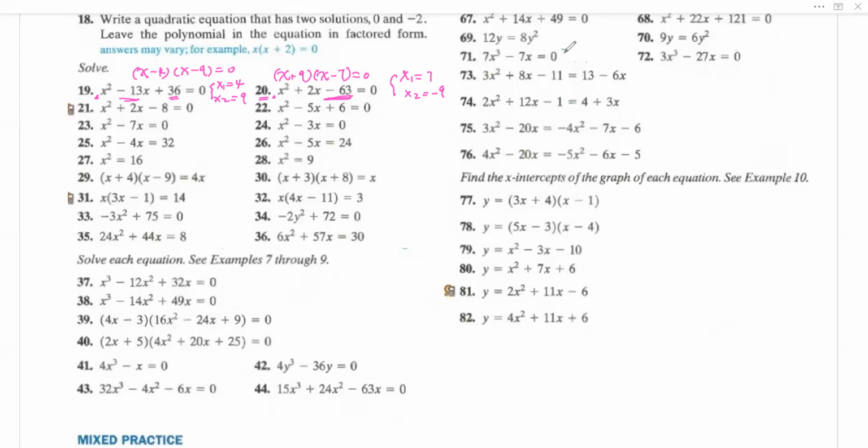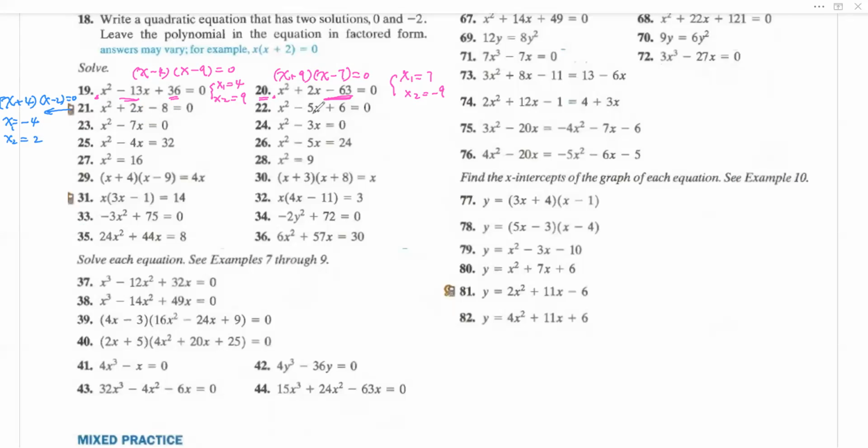Does everyone have a question about this part? See 21. Here is how to factor this one. So it's (x + 4)(x - 2) equals 0. So one of them is -4, the other one is 2, right?